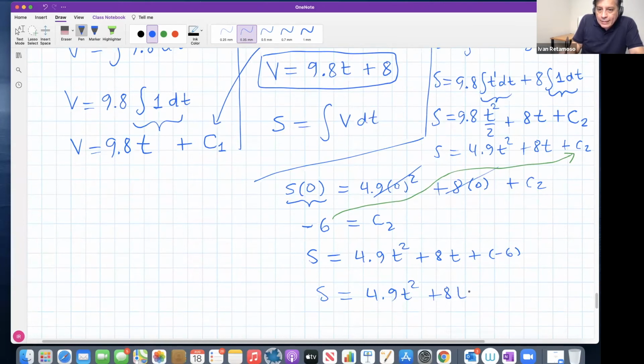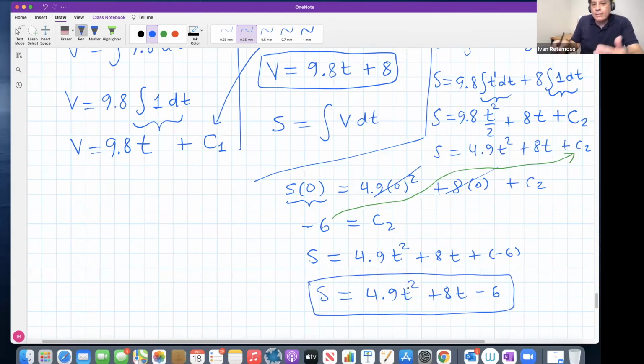So finally, this should be your position function, right? Which was recovered from the acceleration and from the velocity gradually, right? In two applications of these antiderivatives. Okay, guys. All right, and this will probably be the hardest because we're not going to do it 3 times, 2 times maximum, right? So up to here.